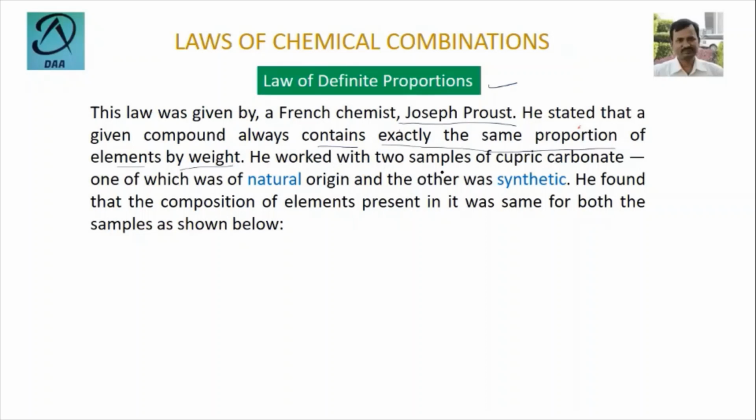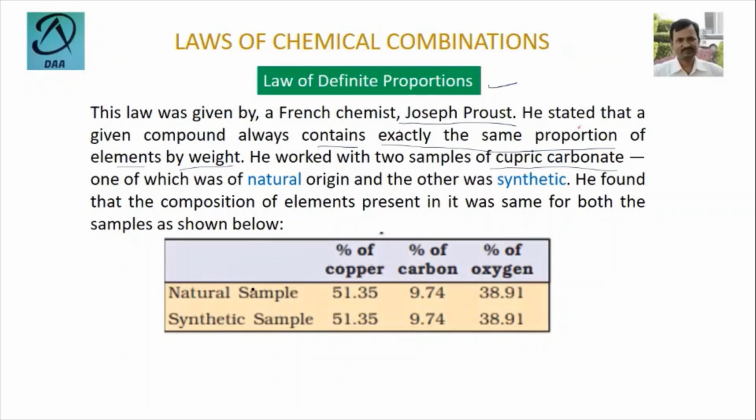He worked with 2 samples of cupric carbonate, either natural or synthetic. In both cases, his finding for the natural cupric carbonate sample is: copper 51.35%, carbon 9.7%, and oxygen 38.91%.